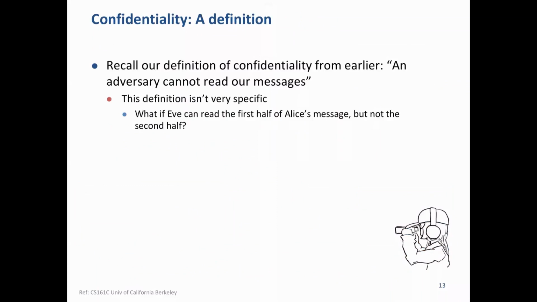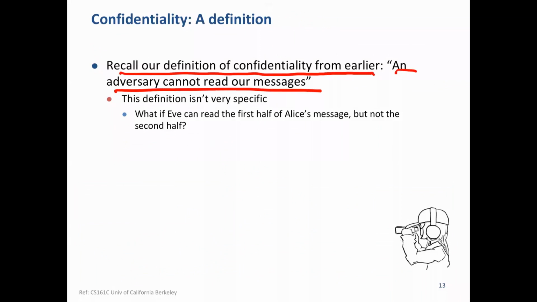Now basically we have to define confidentiality more clearly here. In general, we have said that confidentiality means that Eve should not be able to read our message. This is not precise enough.